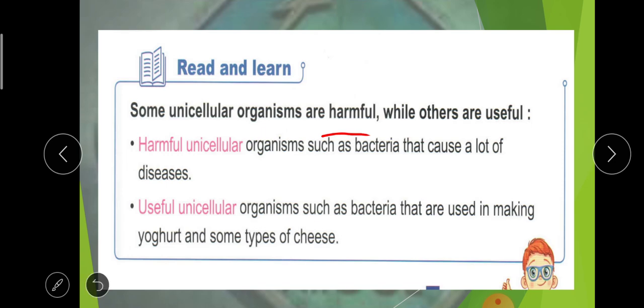Some bacteria cause a lot of diseases. Some are useful, such as bacteria used in making yogurt and some types of cheese, such as Grade4 cheese. These are useful unicellular organisms, but some bacteria are harmful and cause a lot of diseases.